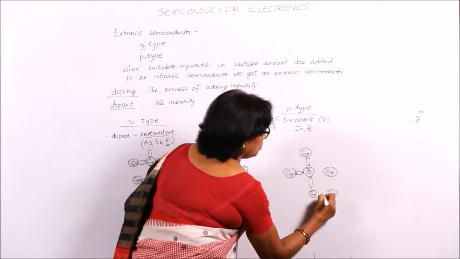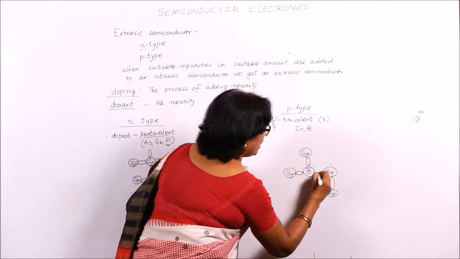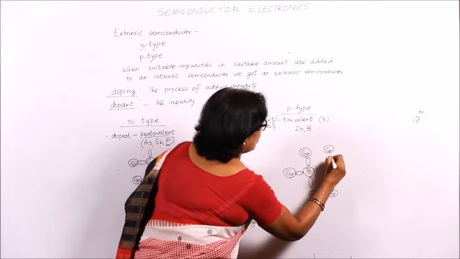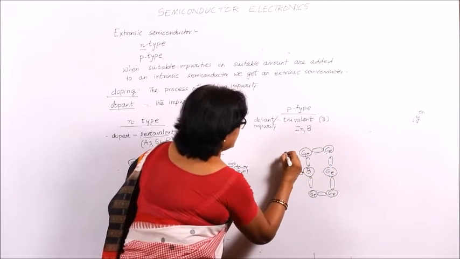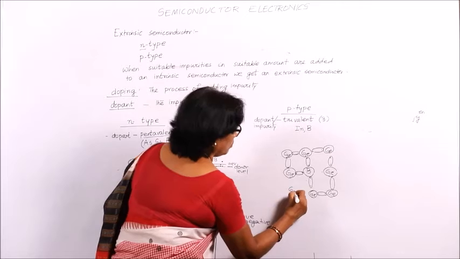All the other germanium atoms are bonded to each other by 4 covalent bonds. So you complete this diagram, and this carries on.